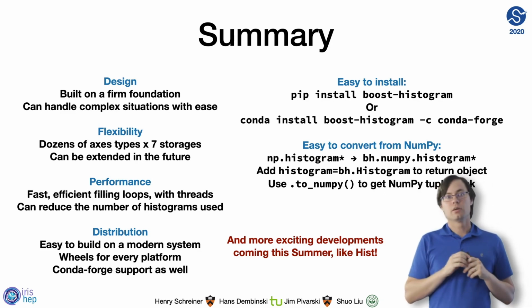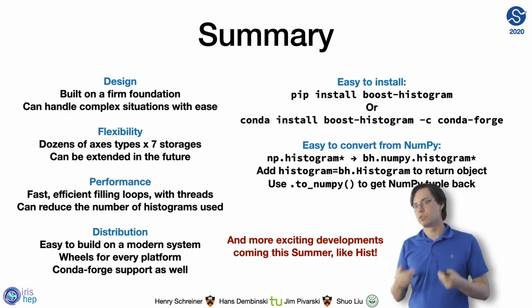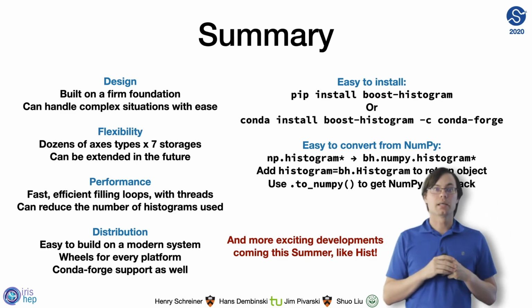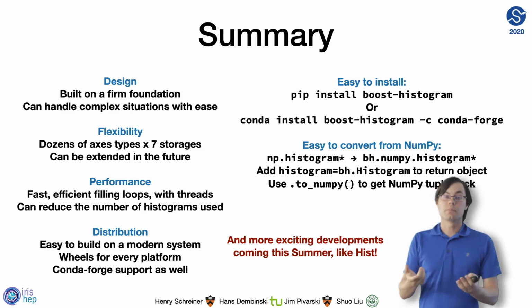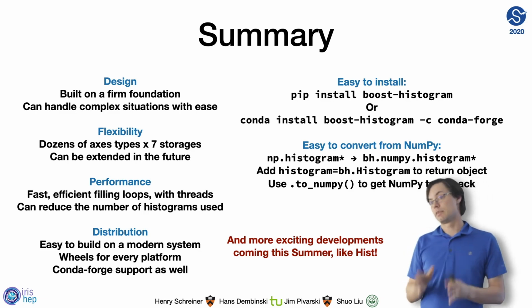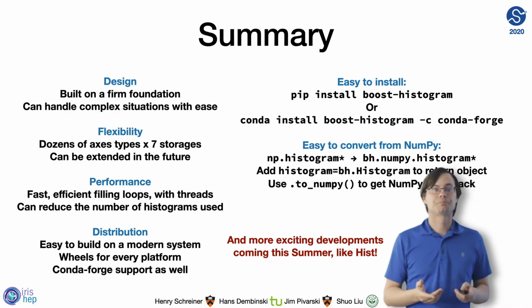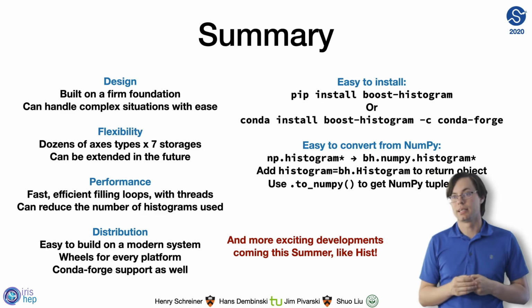You can just call bh.numpy.histogram or histogram1 2D or ND and just get the benefit of that performance. It's the same API. You can also have that return an object if you want by adding a keyword-only argument, or you can convert later down if you have histogram objects, you can convert them back to the regular NumPy. And there's lots of new exciting things coming along the line, like Hist.